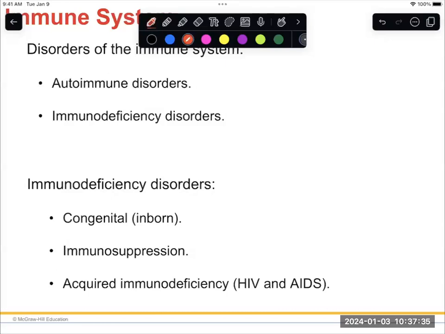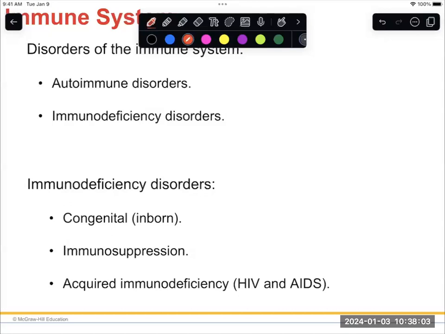Immunosuppression. This is a common side effect of corticosteroids, and it's usually used as a treatment to prevent transplant rejection and in chemotherapy treatment for cancers. Acquired immunodeficiency. This results in diseases such as AIDS.